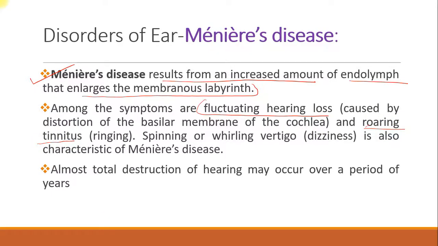Tinnitus is a ringing sound in the ear. Spinning or whirling vertigo, that is dizziness, is also characteristic of Meniere's disease. Almost total destruction of hearing may occur over a period of years, so Meniere's disease is associated with hearing loss if not treated early.